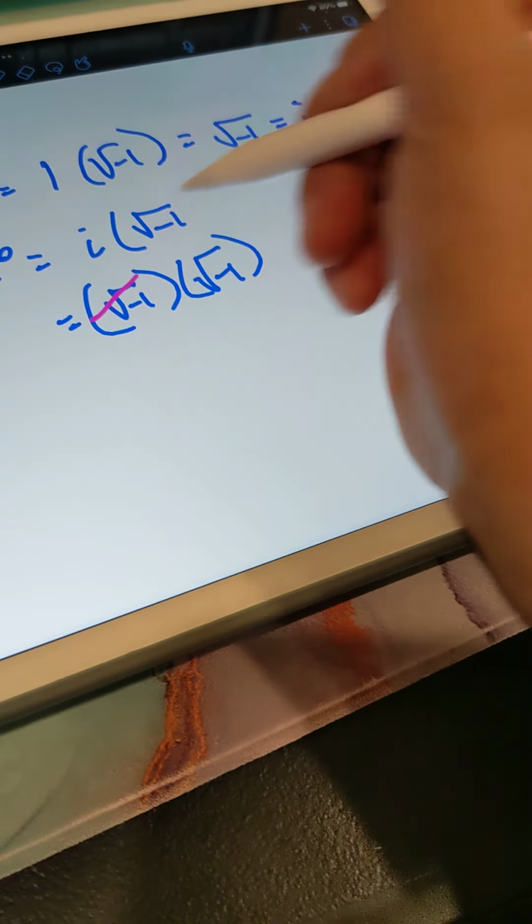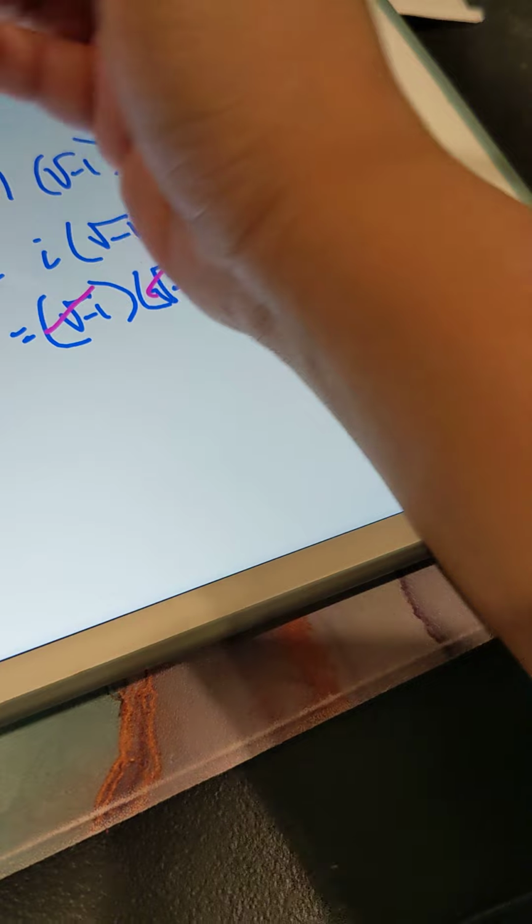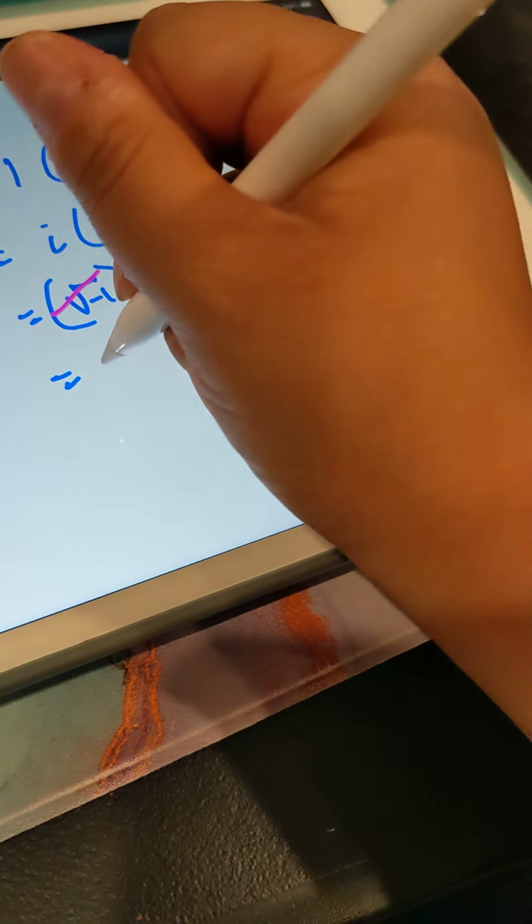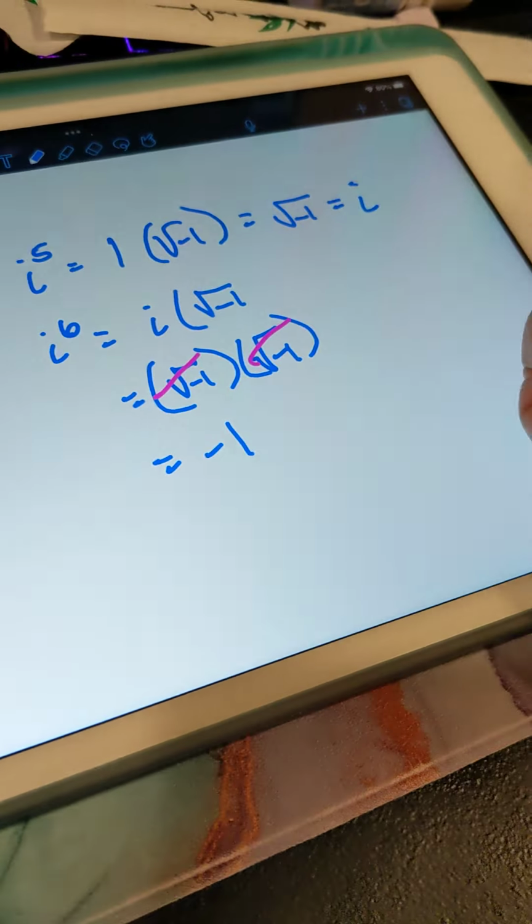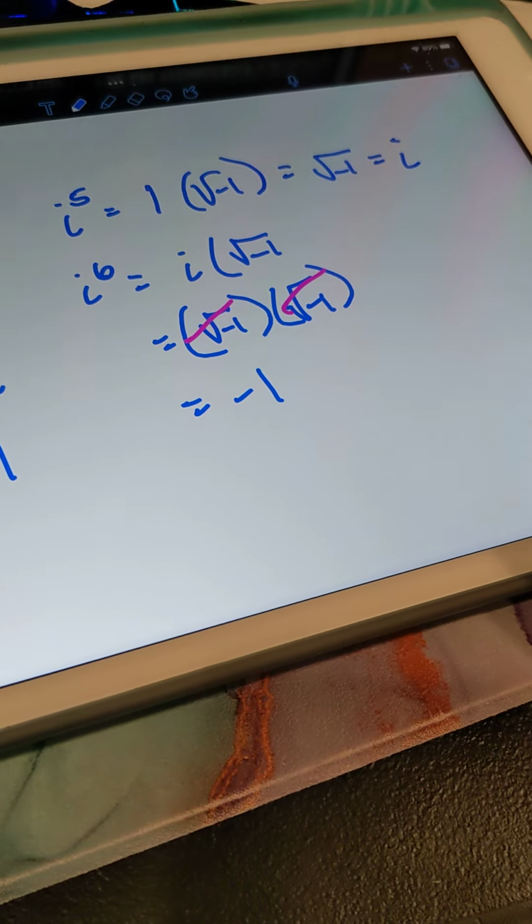From the previous examples, we know those square roots are going to cancel each other out, and so i to the sixth is -1.